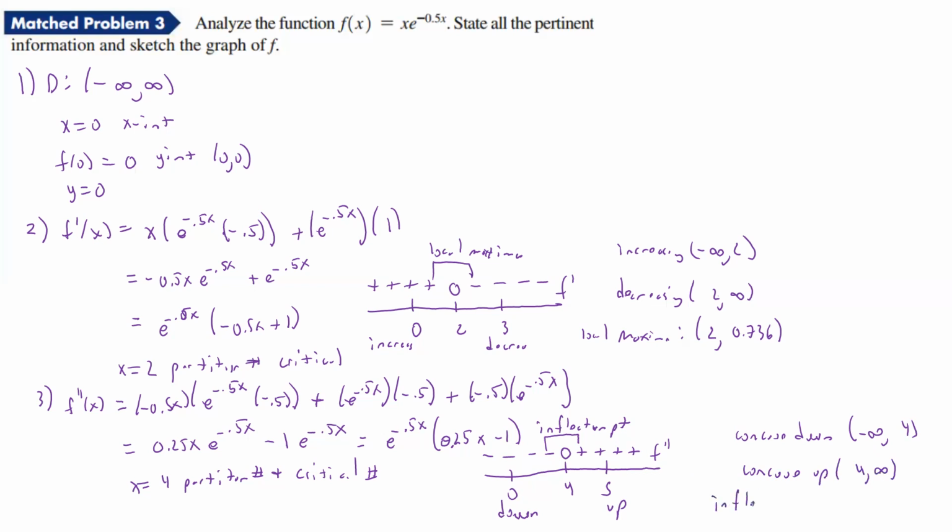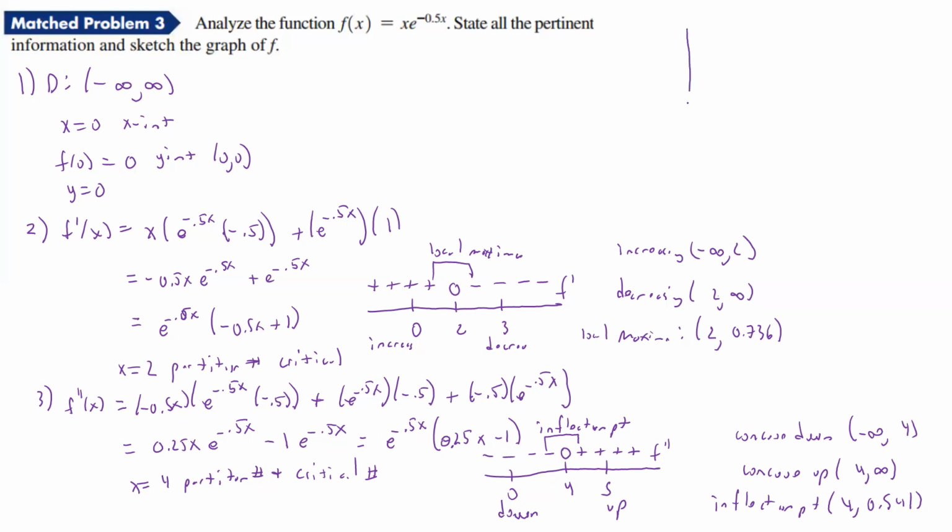And our inflection point is going to be what? 4 comma, we plug in a 4 there, and we have to plug it in and figure out what that's going to be. All right, so it looks like it's 0.541. I think that's everything we need.